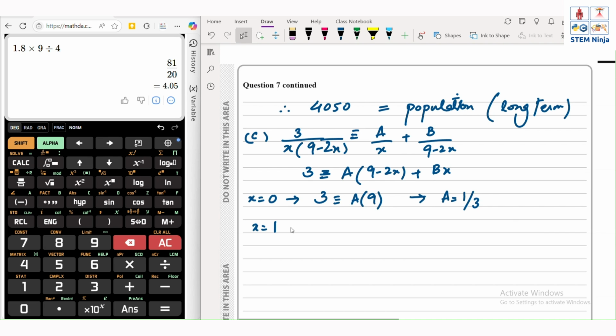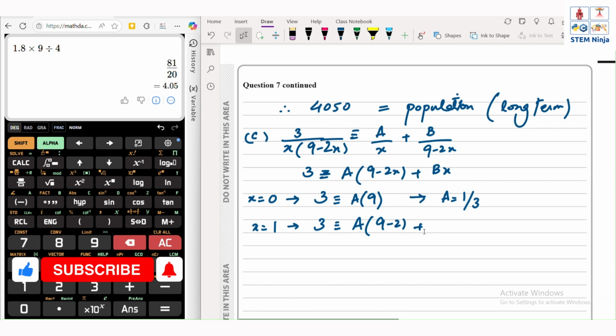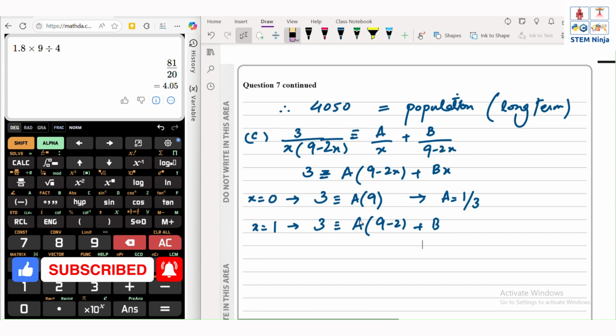Now we can choose any other value of x. We could choose x equal to 1. So 3 equals A times (9 minus 2) plus B. A we already know to be 1 over 3. So 9 minus 2 is 7, 7 over 3.